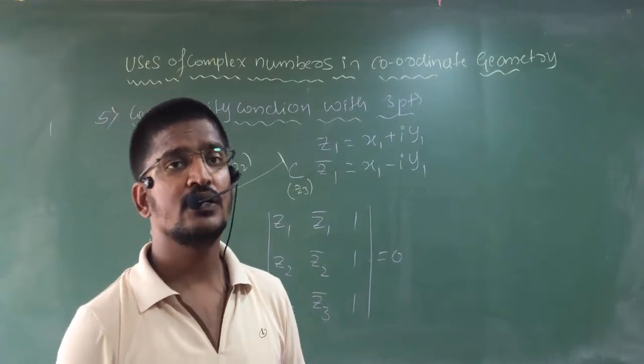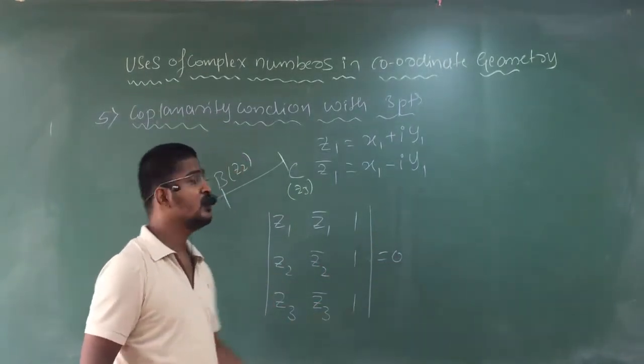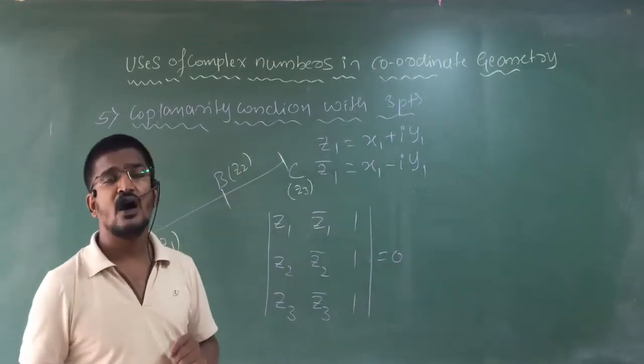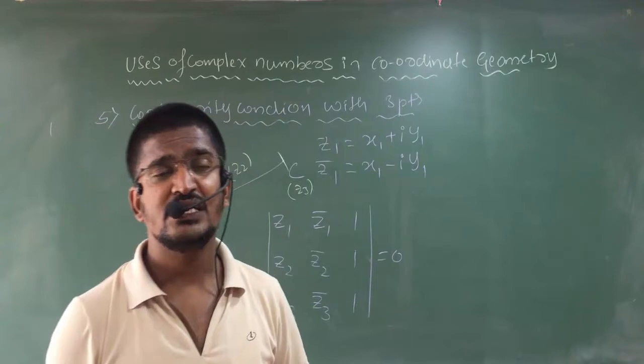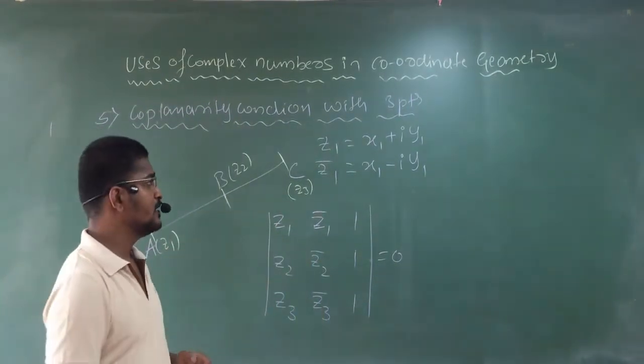Clear, students? So if you simplify this and it equals 0, then I can say that Z1, Z2, Z3 are coplanar points which are on the same line in the complex plane.